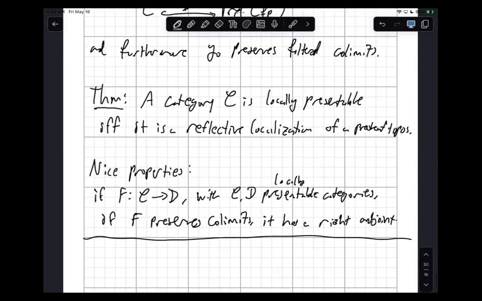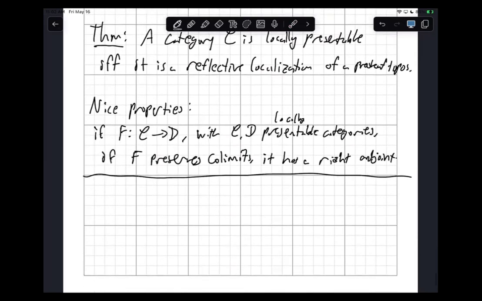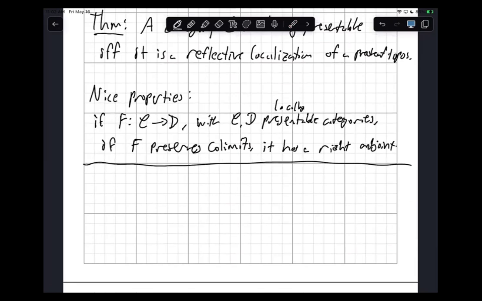So there's the adjoint functor theorem, which is really a pain to use because you have to check all these special annoying things. This says no, you don't have to worry about any of that. If it preserves colimits, it has a right adjoint. So it's a beautiful theorem, but it only works with the locally presentable categories.